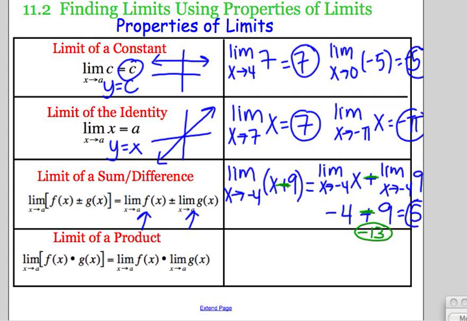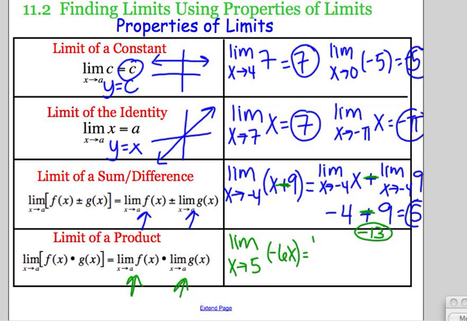Moving ahead, the limit of a product. So now we're going to be multiplying. If I'm taking the limit of two things being multiplied, again, I can split it up into two separate limits. So let's look at the limit as x approaches 5 of negative 6x.